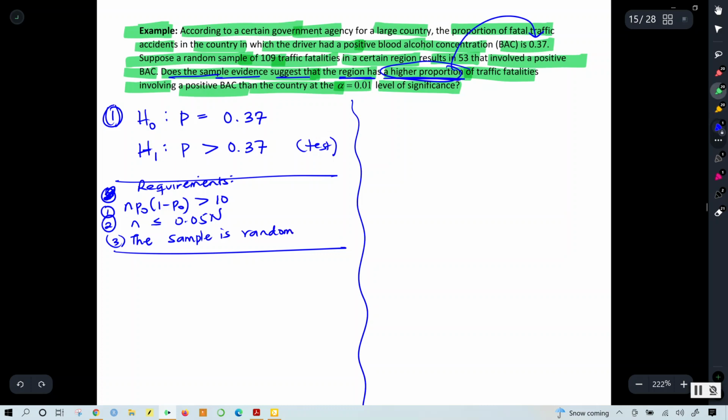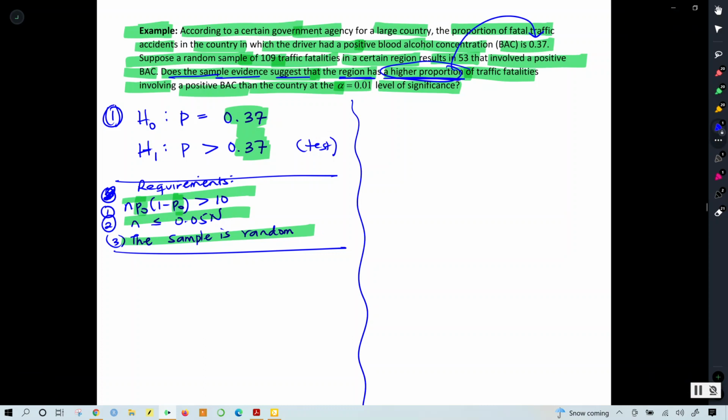Remember that your p naught in this case is 0.37, the hypothesized value of the proportion. In this case, all of these conditions are satisfied. Some are assumed to be satisfied and some are calculated to be satisfied. So we continue to the next step.